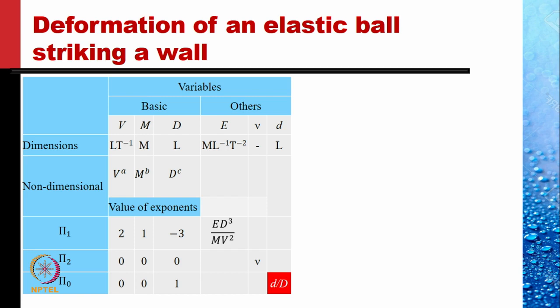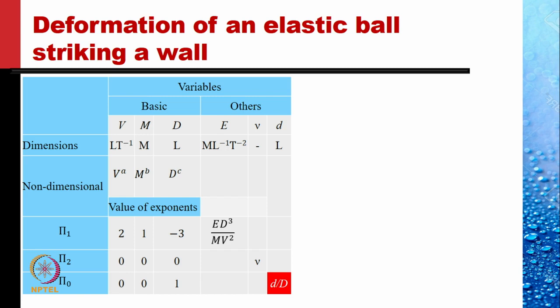The diameter of imprint left on the wall is length L. So for these three quantities, E, nu, and d, we write in the forms of V raised to power A, M raised to power B, D raised to power C, and find out the values A, B, and C so that the dimensions match. For E, the dimensions would be V raised to power 2, M, D raised to power minus 3. So that E D cube by m v square would be a non-dimensional independent pi number.